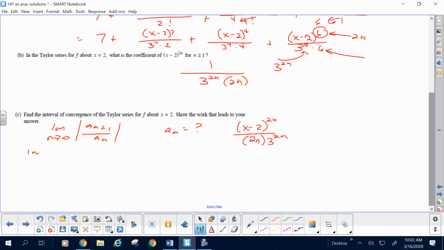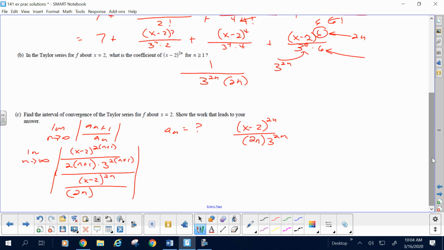So the ratio test then would look something like this. x minus 2 to the 2n plus 1 over 2n plus 1 times 3 to the 2 times n plus 1, over x minus 2 to the 2n over 2n times 3 to the 2n. You follow? This works sideways.